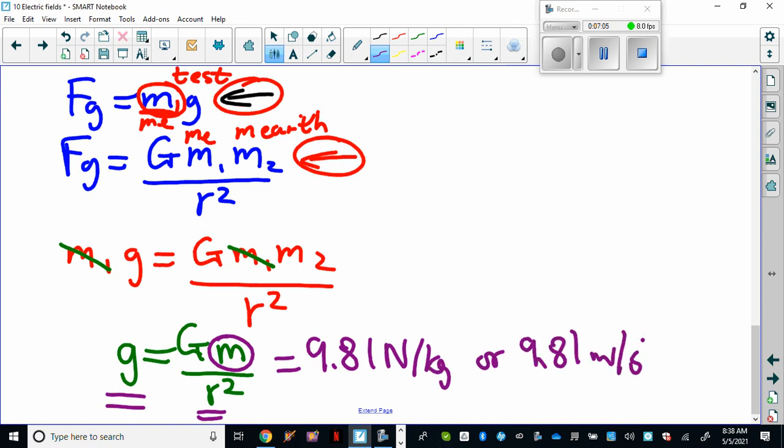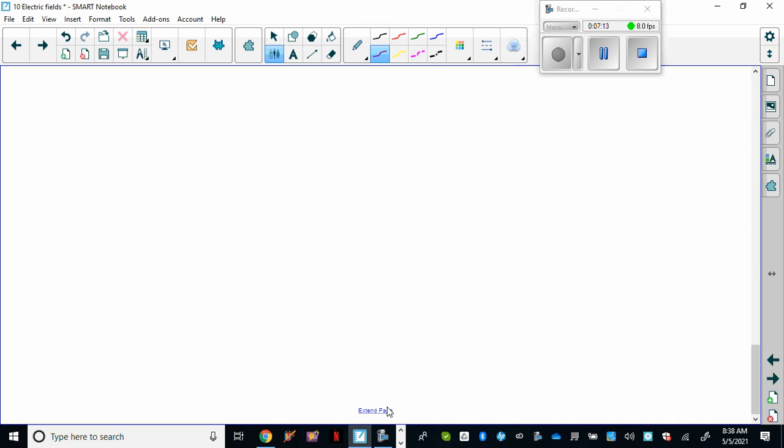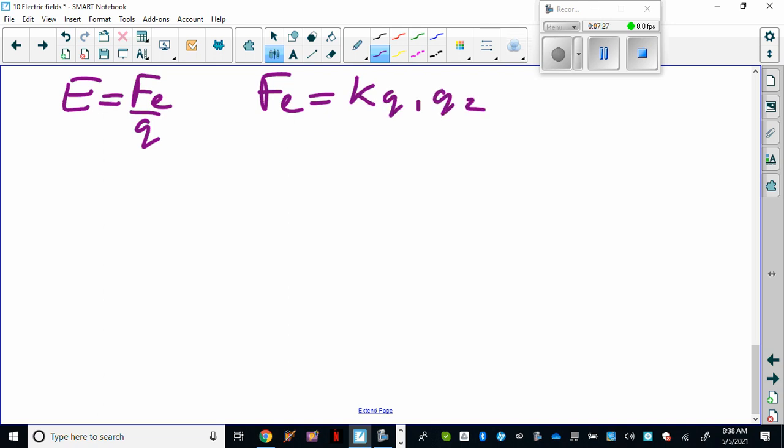We're going to do exactly the same procedure with electrostatic forces. So we've learned two formulas. We've learned this one here, and from the previous lesson, from lesson 9, we learned this formula: the electrostatic force between any two given charges equals kQ1Q2 over r squared.